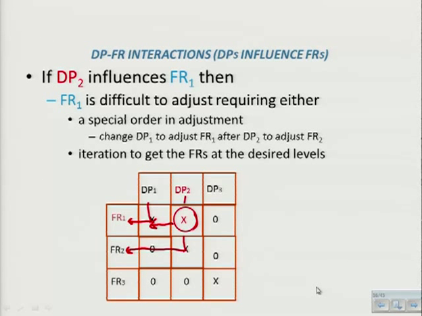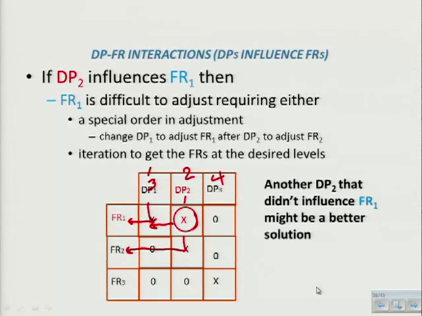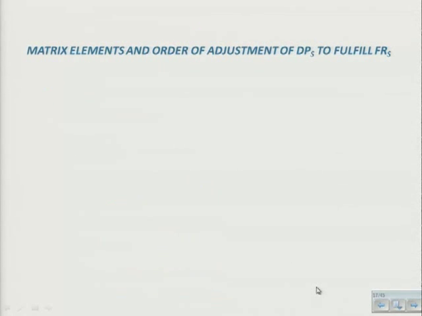So then I would have to go back and say, all right, I did this first, then I did this second. Now my third step would be here to get FR1 back, and then 4. So I would have 4 adjustments if I try to do the order dP1, dP2, dP3. And the best thing would be to find another dP2 that doesn't influence FR1. That might be a better solution.